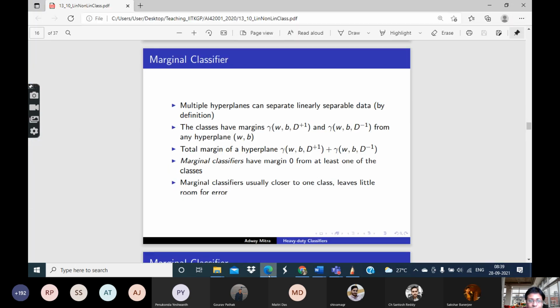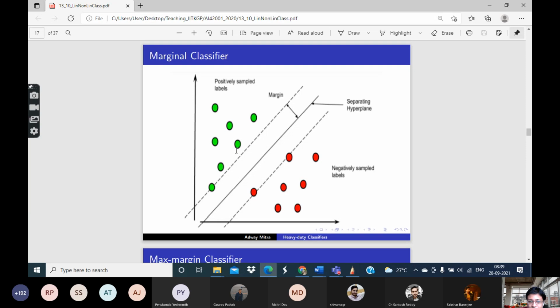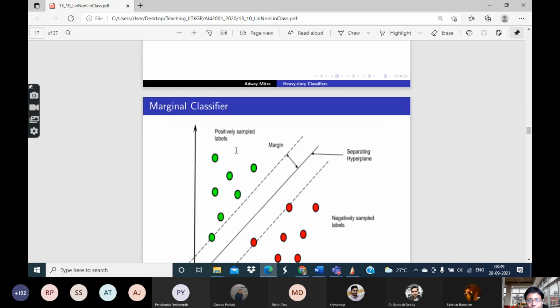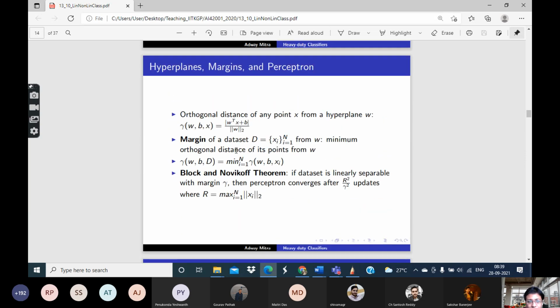Now coming back to the Novikoff theorem in the case of the perceptron, what it is saying is that the number of updates needed is inversely proportional to the square of the margin. If the margin is gamma, then the perceptron converges after R squared by gamma squared updates.